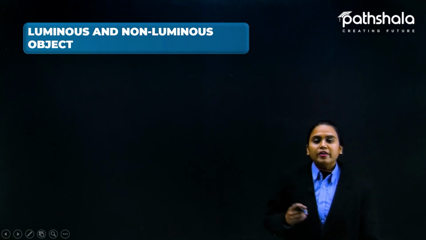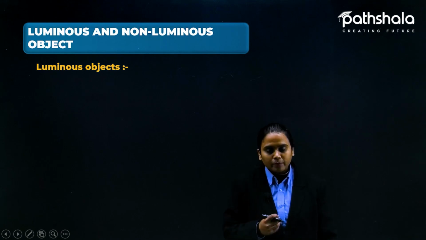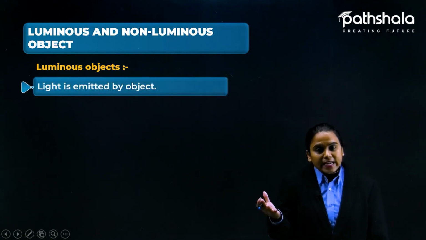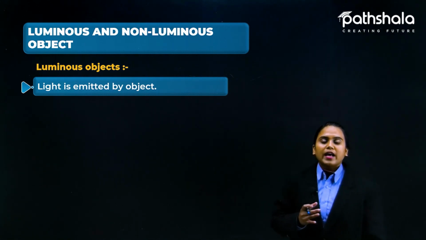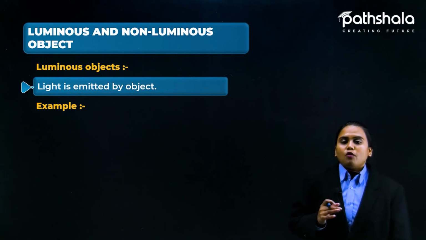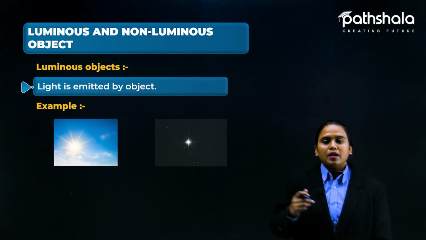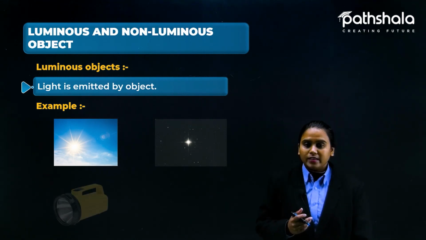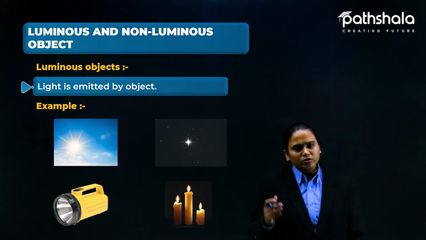Let me first introduce the luminous object. What is a luminous object? A luminous object is any object which is emitting light, like the sun, stars, a torch, a candle, and lots of other things.